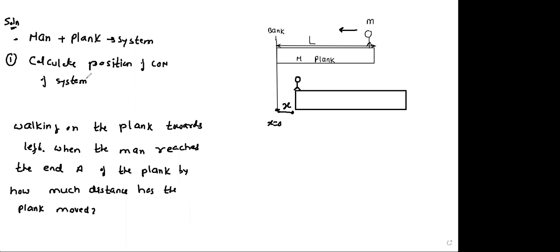I'm dividing this problem into 3 steps. That's the first step. System means man plus plank. The length of the plank is L. The mass of the man is small m. You can consider your man as a point mass. You're not calculating the center of mass of just the rod; you're calculating the center of mass of rod plus man.